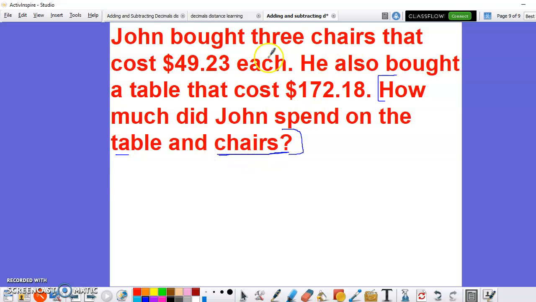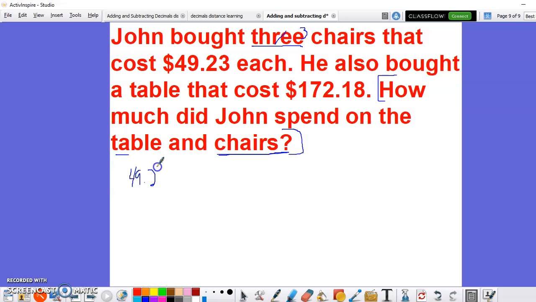So when I go back and look, John bought 3 chairs. So this is not just 1 chair, but 3 chairs that were $49.23 each. And he bought a table for $172.18. So when you're looking at a question like this, make sure that you are carefully reading what they have. So I don't just have 1 chair for $49.23.